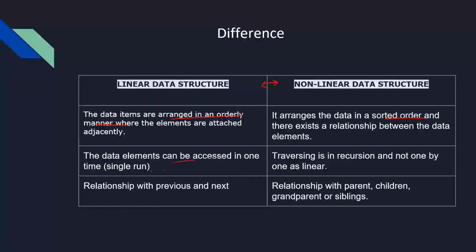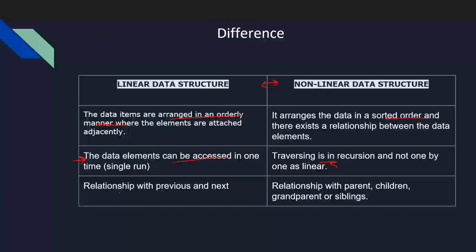Traversing would be a single pass, like in order of n, you can easily traverse it, just like iterating over an array or stack, in a single for loop or while loop. But traversing a non-linear data structure is complex. You'll have to use recursion and something else. Correct?